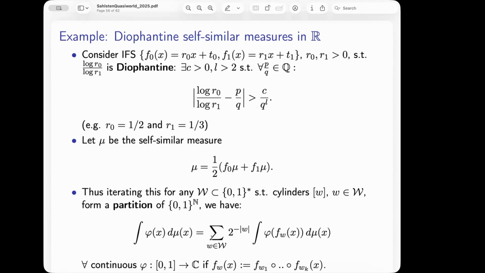I think this is also called an optional stopping theorem for martingales. Basically it follows by iterating this, and sometimes if you have a cylinder, you have some condition. And the condition on the verge will be something about how they relate to the frequencies.